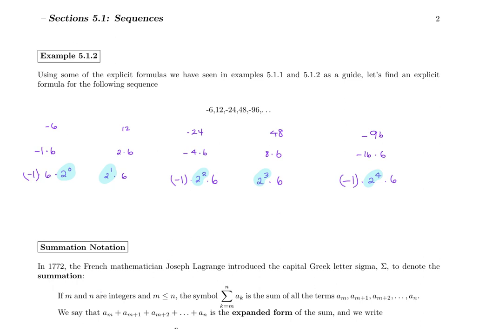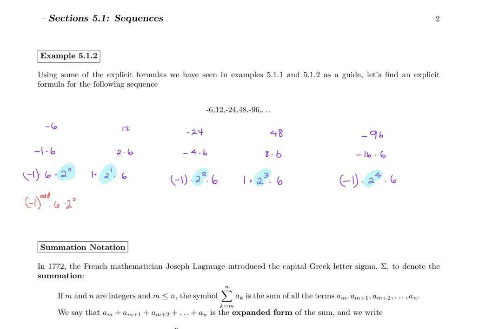We also notice that we have this alternating sign: negative, positive, negative, positive, negative. Chances are what happened here is we had a positive one here, and a positive one here. Here we might have -1 to an odd power to keep it negative, times 6 times 2 to the 0.